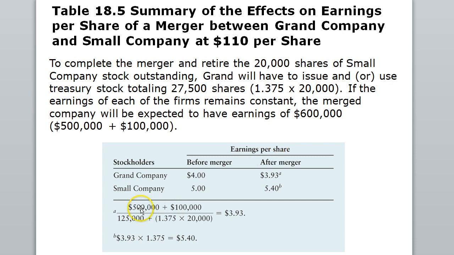So if we take the new merged earnings and divide that by the new outstanding shares, which is the 125,000 currently outstanding plus the new 27,500 shares created, that's going to give us an earnings per share of $3.93. So if we take that $3.93 and multiply it by the exchange ratio, it becomes $5.40 utilizing the exchange ratio.